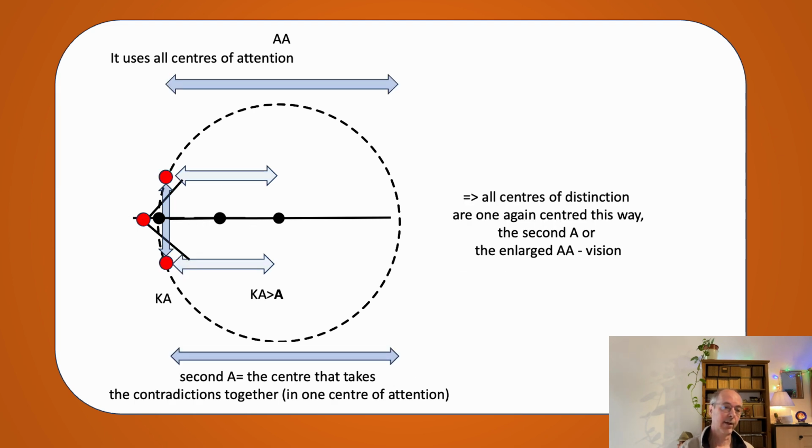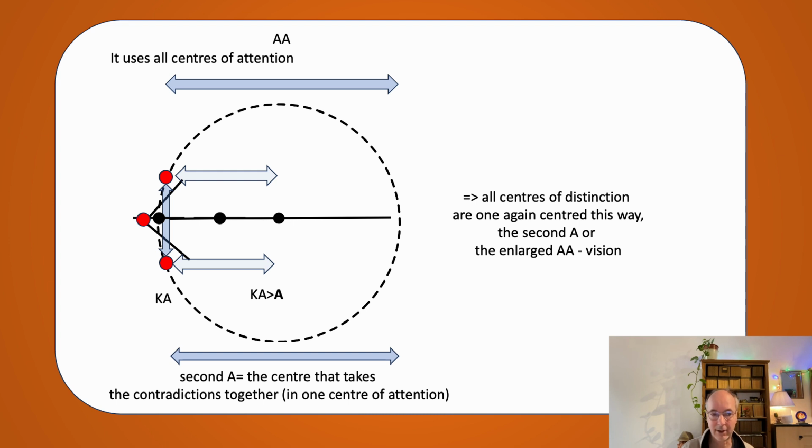So in that way I can take, of course, all the contradictions together in just one center of attention. The A is one center of attention, but it's not just about breaking the things apart, it's also, because there's a second A, we will also try to find an answer. So all the centers of distinction are again centered once more in this enlarged double A vision.